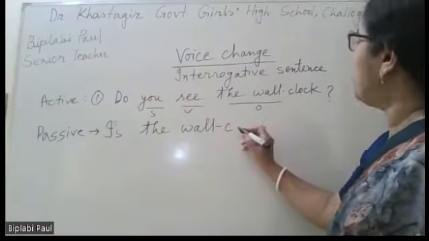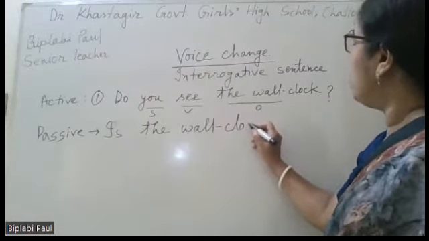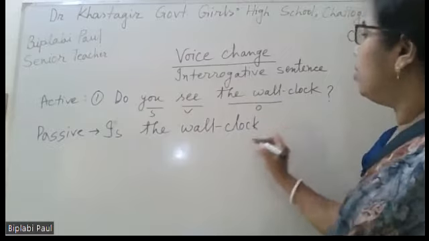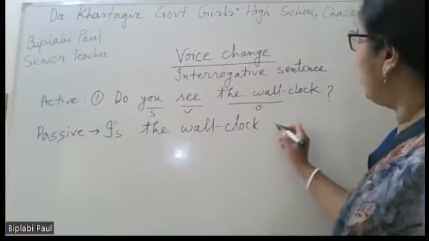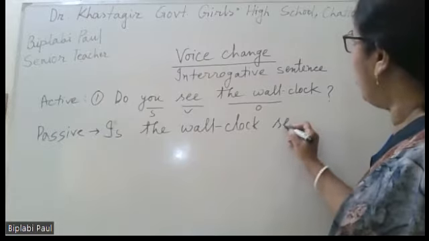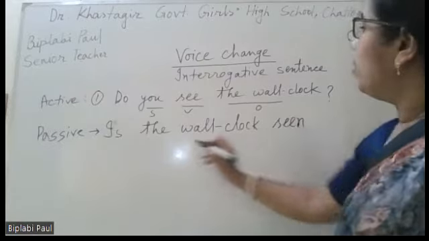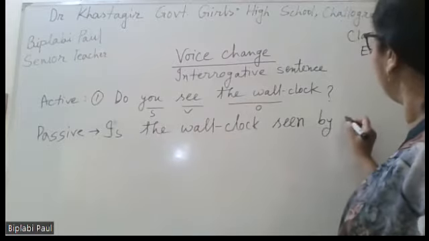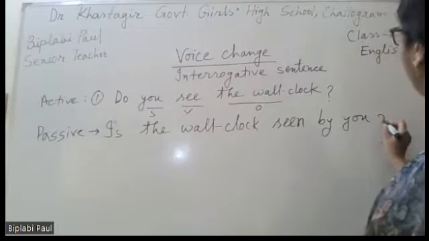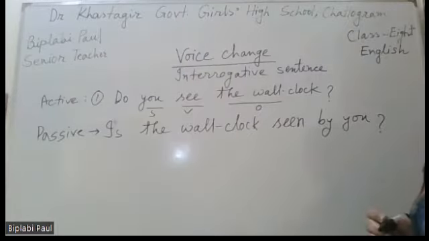Here, the object will be subject. According to the change of voice rule, it will be is the wall clock. What will be the form of main verb? It will be past participle form. Is the wall clock seen by you?